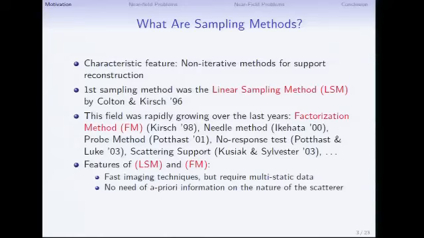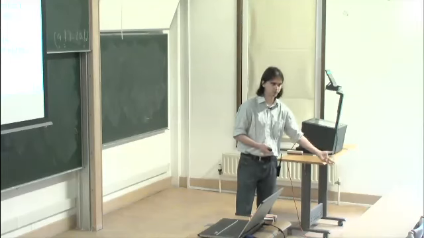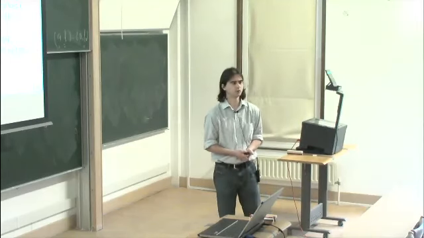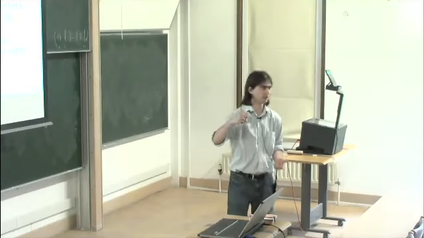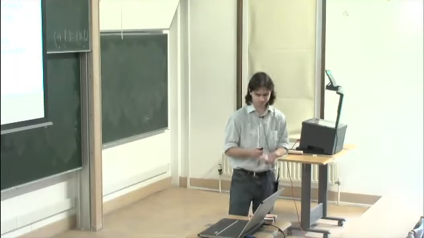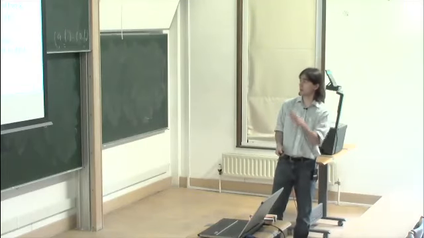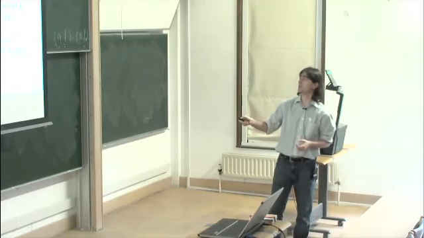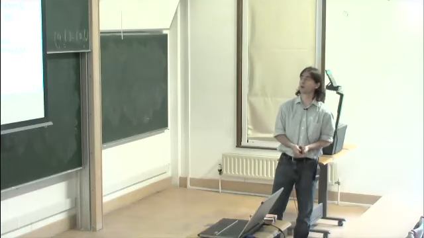That's all you want. What you gain, on the other hand, is very fast methods to do this support reconstruction. And I guess all these sampling methods that are around nowadays have this feature that they are non-iterative, they are direct, they are fast, and they do this support reconstruction.